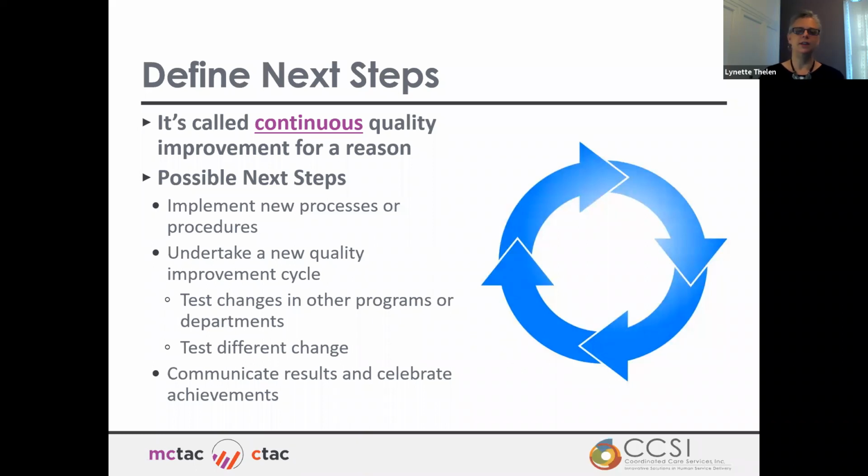Before you dive into the next thing, make sure you take a moment to communicate these results. We need to talk to others in our organization about what we did and also celebrate your achievements. So if you've got a team that's worked on a quality improvement cycle, take a moment to say, hey, job well done. This is great. Here's what we learned. Now we're going to think about doing another one. So, something important to remember.